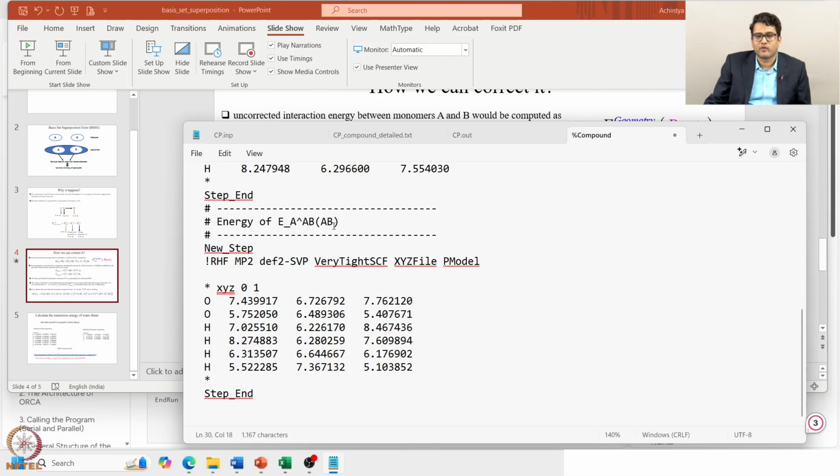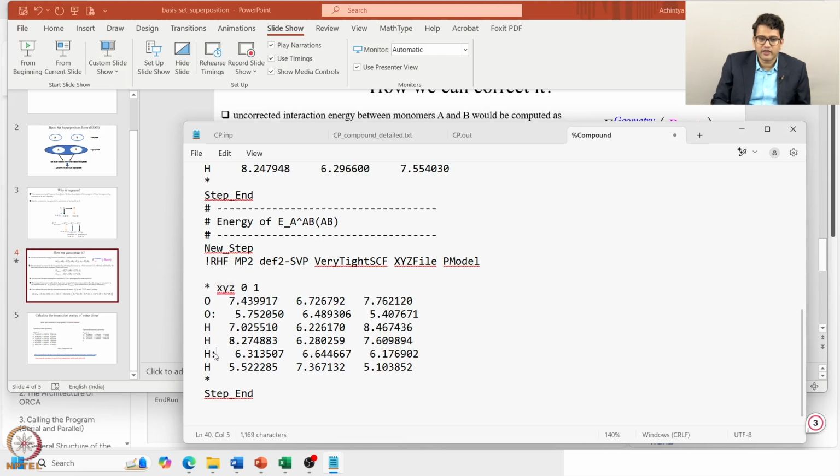To do that, we have to make sure that only the basis set of AB is present, not the electronic structure of B. So, we can make it by using a command called ghost atom. That essentially means I have to put this colon after this. So, here the first two are oxygen and then 2 hydrogen of the first oxygen and the 2 hydrogen of the second oxygen.